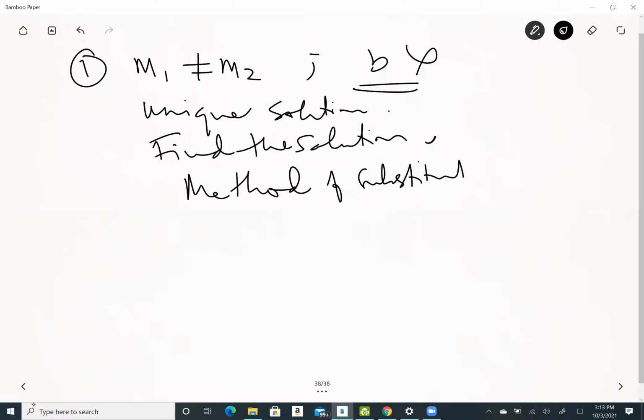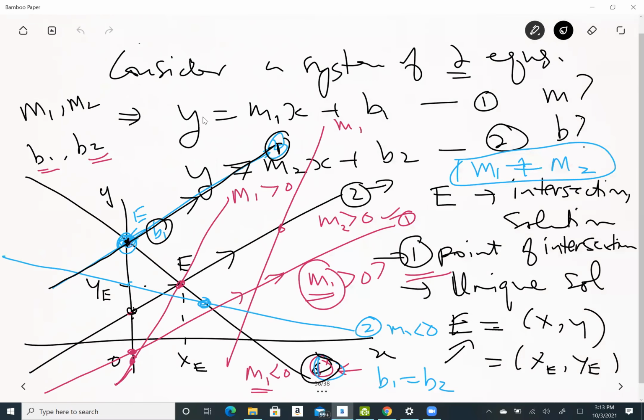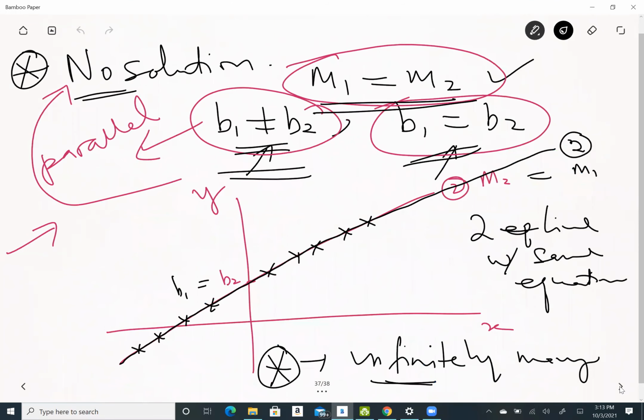I'll take a few more minutes because I want to finish it up. Go back to the system that I have, equation number 1 and equation number 2: y equal to m1x plus b1, y equal to m2x plus b2. Either you substitute 1 into 2, or 2 into 1, it will be the same thing.